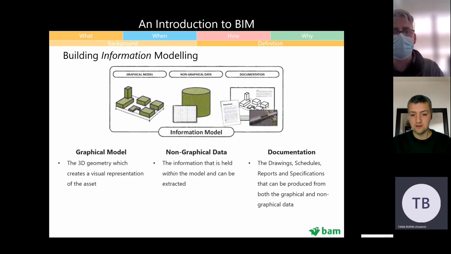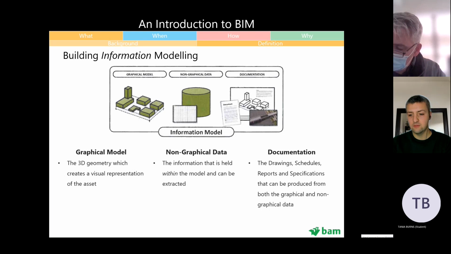All of that is contained within the model. So it's an intelligent model. And the third element is documentation. So drawings, schedules, reports, specifications, they're all produced from a combination of the graphical model and the non-graphical data.